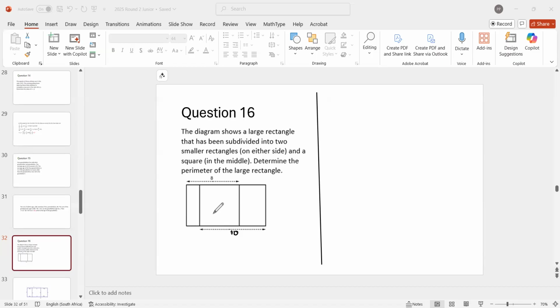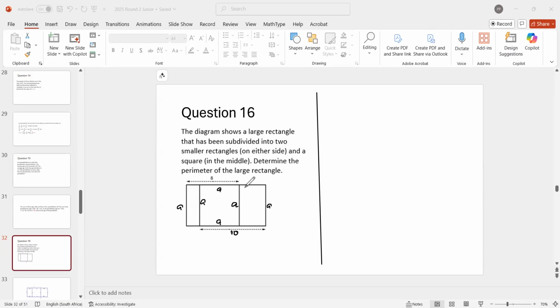Okay. So there are quite a few things we don't know here. We don't know that, we don't know that, and we don't know these two. But we know the middle is a square. So let's give a name to the side of the square. We call this A, side of the square. All the sides will be A. And this will also be A here because these are all rectangles, so the opposite sides will have to be the same.